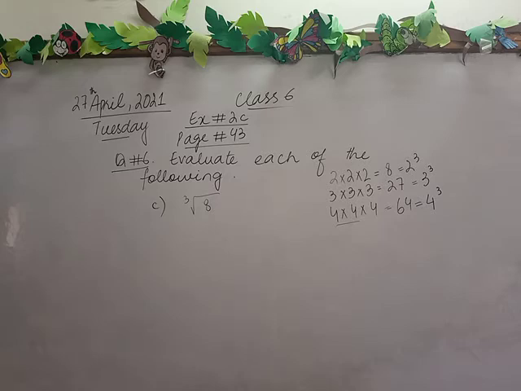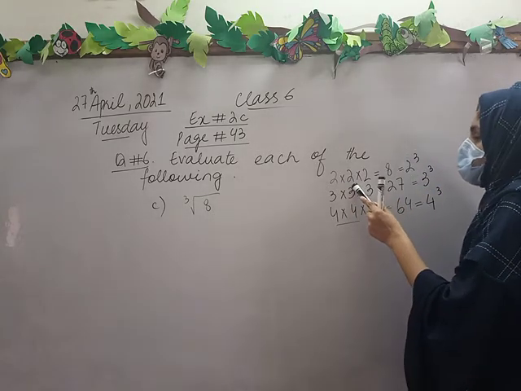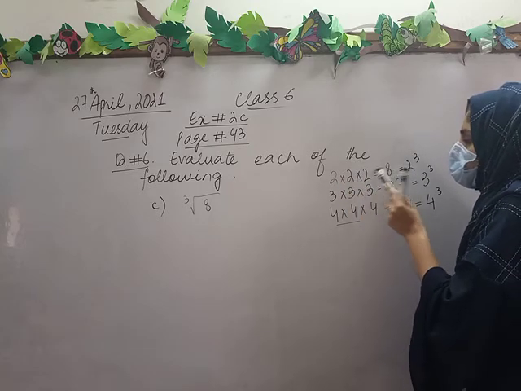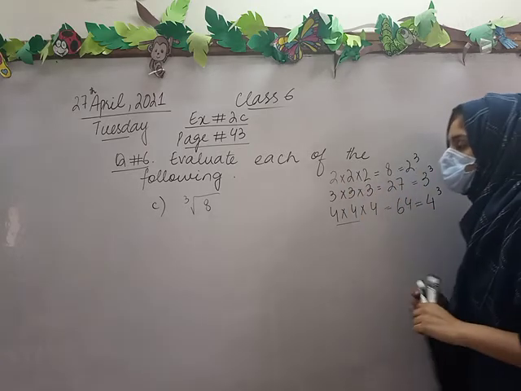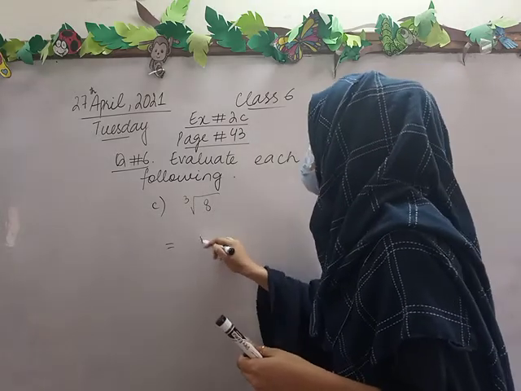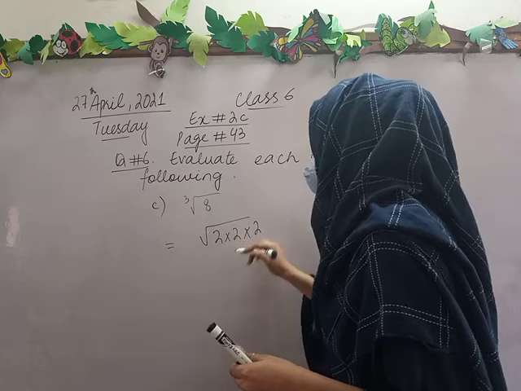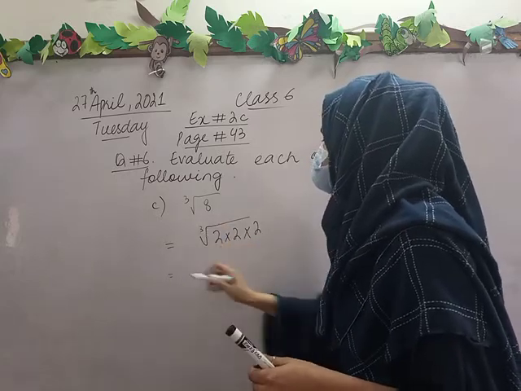Cube root means the number is repeating 3 times. Our number should be the same. Very first, if you look, class, 2 is repeating 3 times, the same number 3 times, and when we multiply, we have 8. So we will write 2 multiplied by 2 multiplied by 2 in cube as it is.